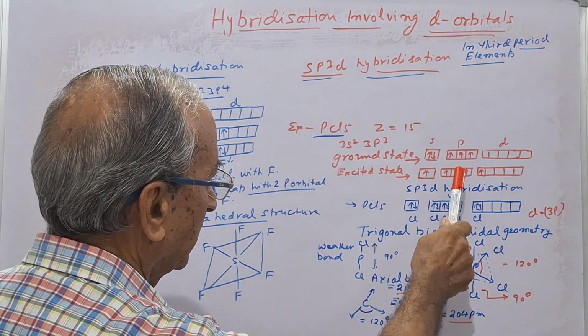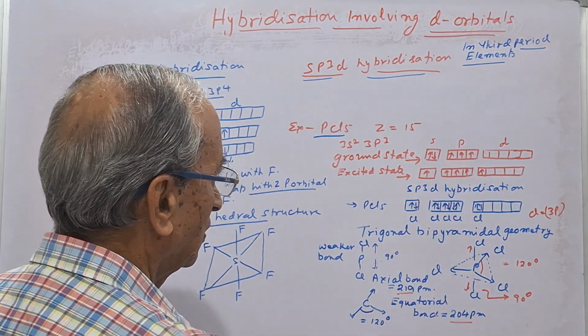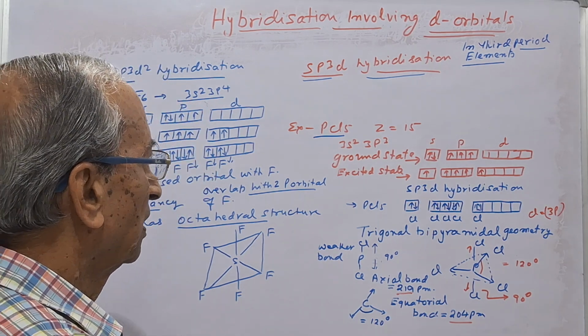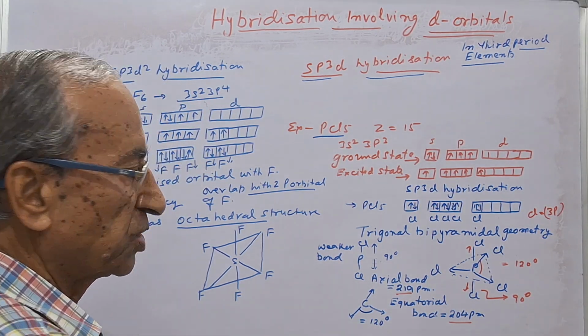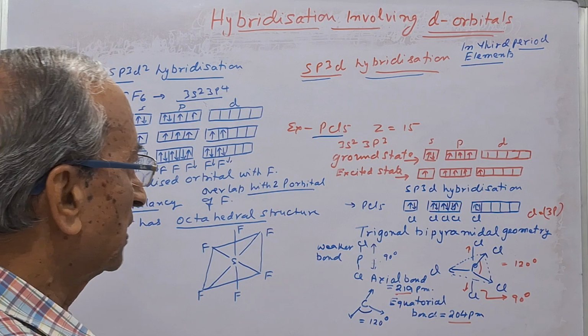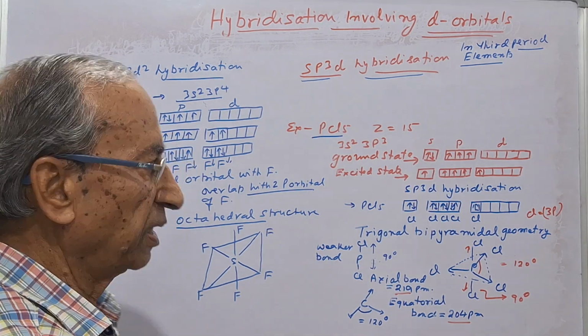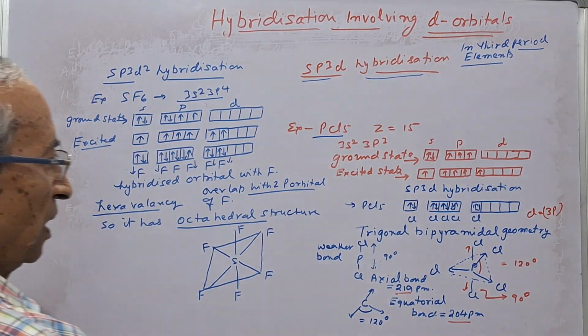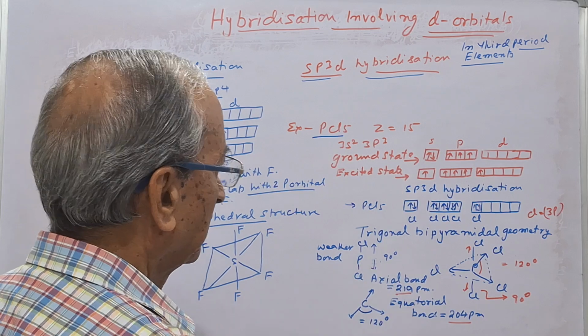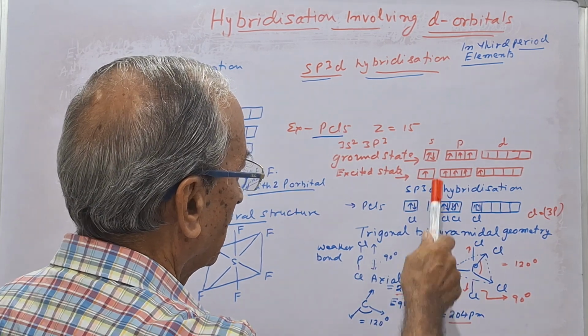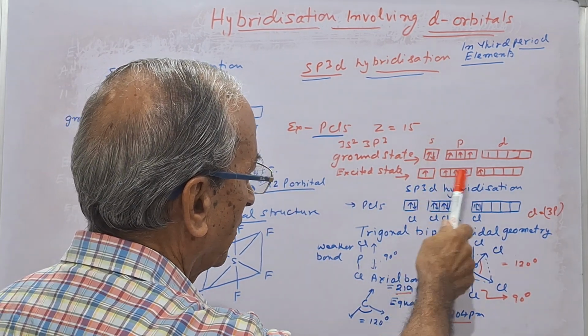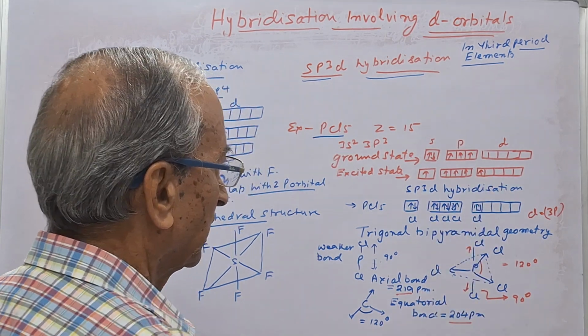Now in the ground state, it has 3 unpaired electrons in the p orbital, so it can show a covalency of 3, that is in the case of PCl3. But in the excited state, 1 electron from the 3s is promoted to the d orbital.